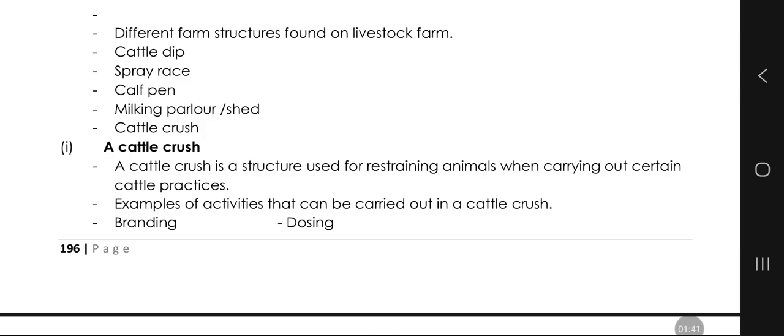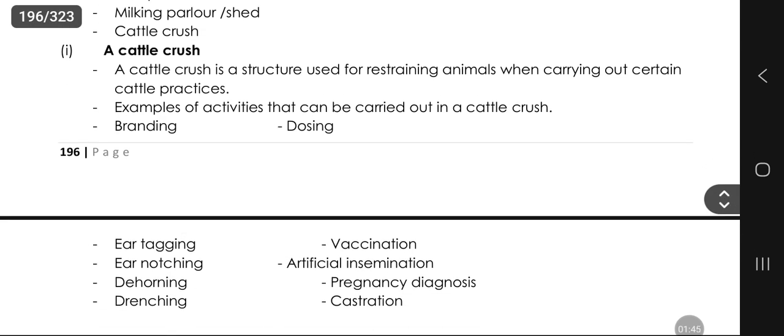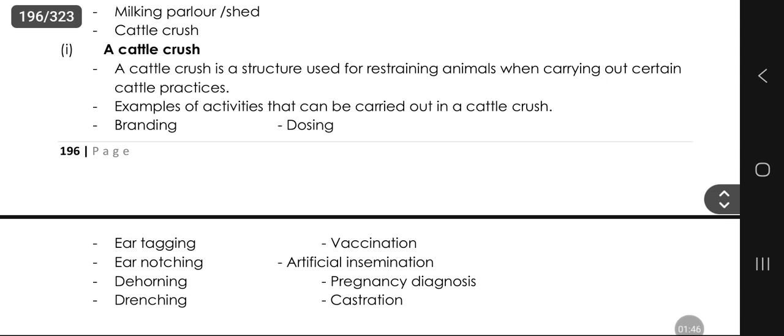All the activities we've been looking at can be done in a cattle crash. One, we can talk about branding. Branding, we talked about it in the previous session. I hope you still remember. Ear tagging, ear notching, dehorning, drenching, dosing, vaccination, artificial insemination, pregnancy diagnosis.